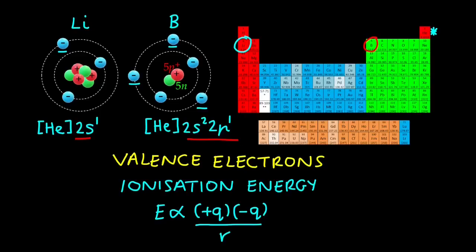So as you can imagine, it's going to be a lot easier to ionize a valence electron, which is farthest from the nucleus. So the Coulombic potential energy is always less than 0, so electrons closer to the nucleus are going to have a lower potential energy than the electrons farther from the nucleus.